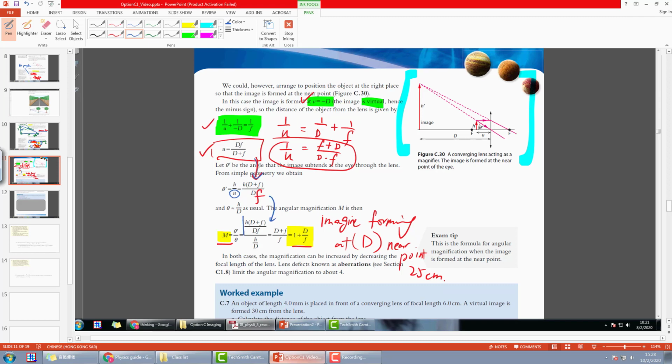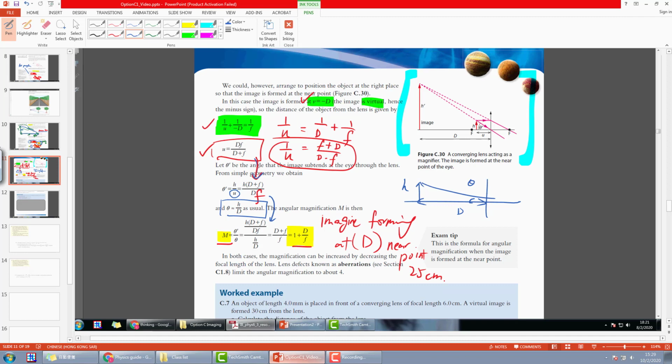Actually, if you look at this, the f appears again. If you substitute this, and also this is the usual one like the previous part, when you have no lens and you simply put the object at the near point D, this is how you get h over d as theta.